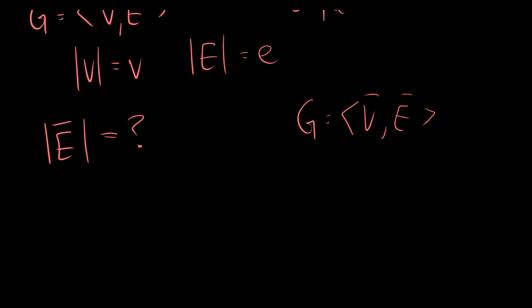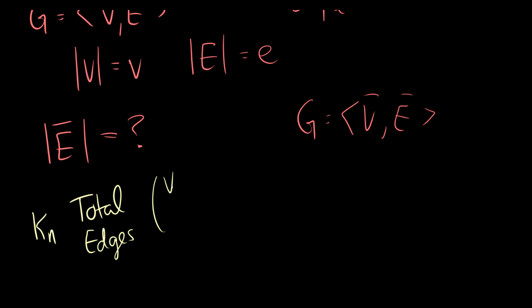How many edges are there total? So we went over this in the last video. The total possible edges in Kn, so that's going to be V choose 2.